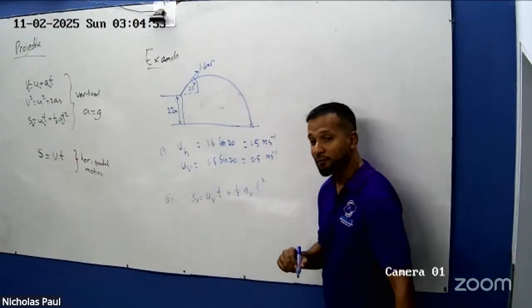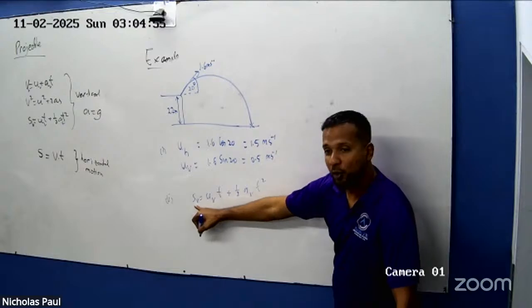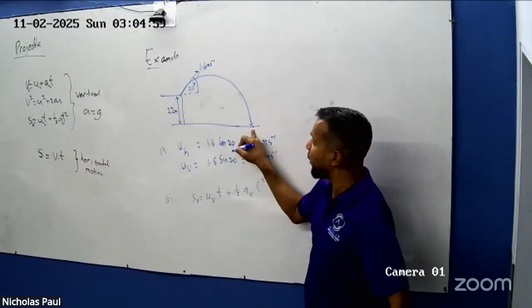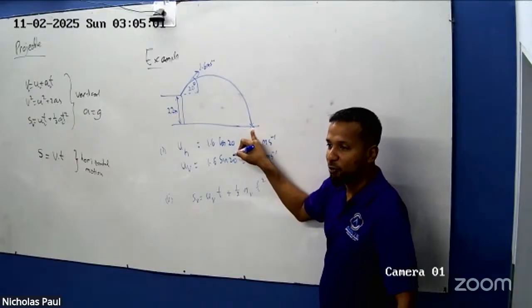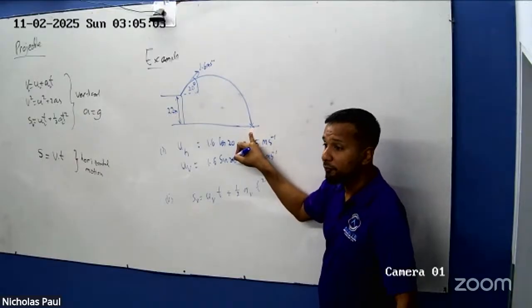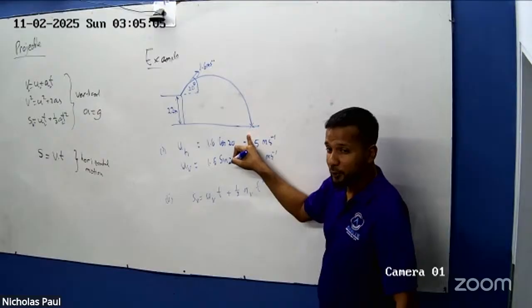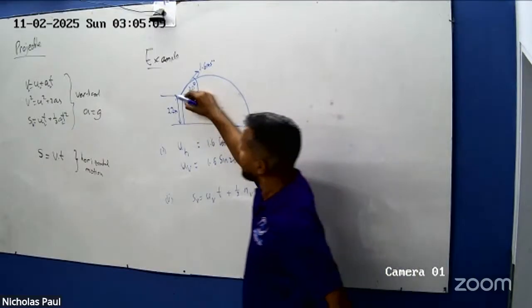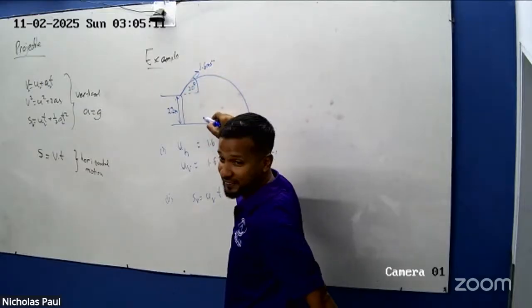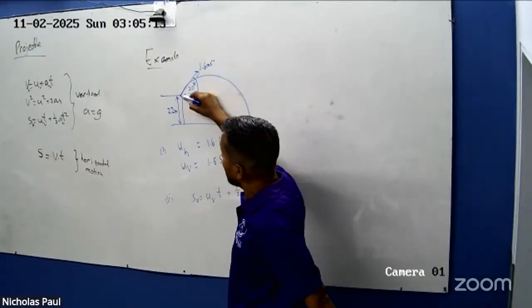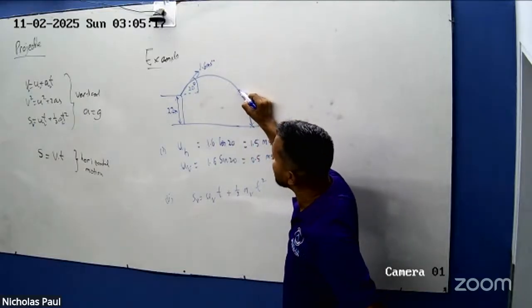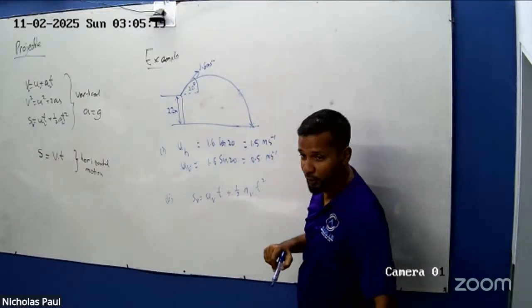Right? So what is the displacement when the ball hits the ground? Minus 2.2. Why? Because it's below the starting point, right? Anything up to the starting point is zero displacement.